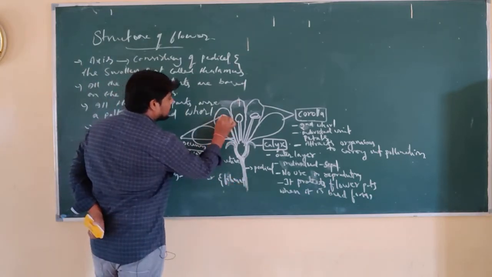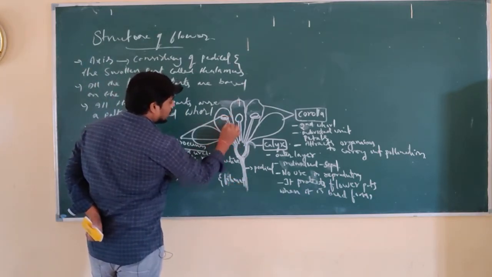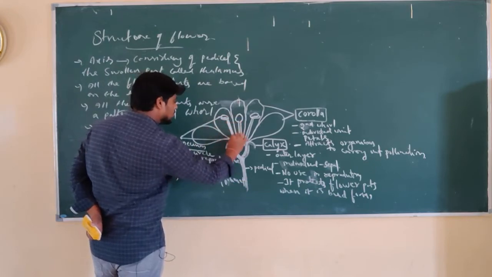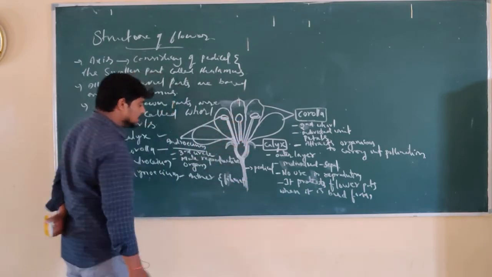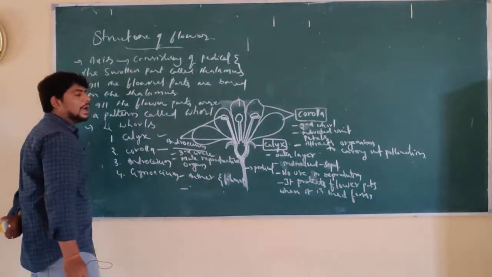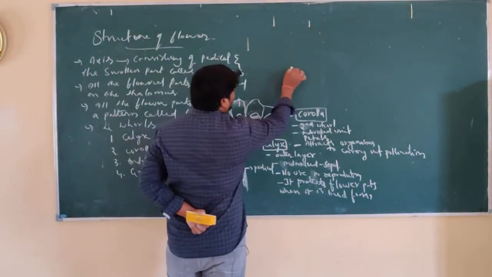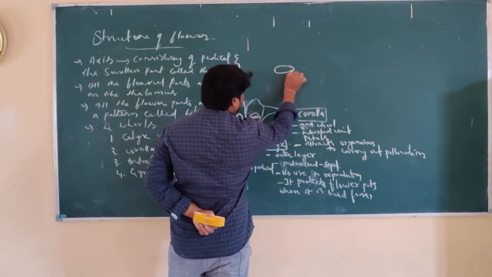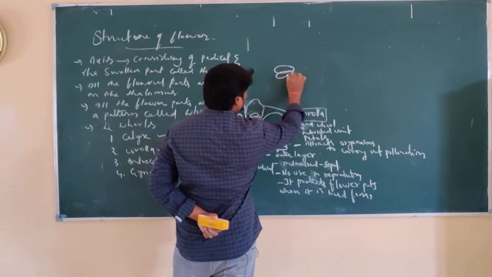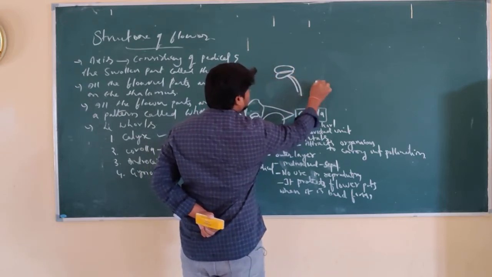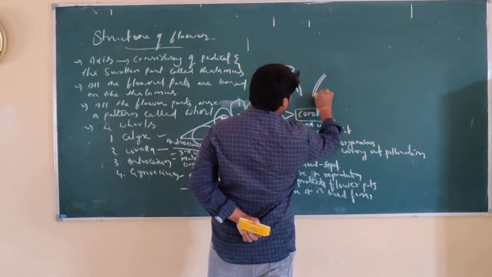This is called as anther, and this tubular structure is called as filament. Understand? So anther is bilobe. Bilobe means what? Two lobes are present on the anther, like this. That's why it is called bilobe.